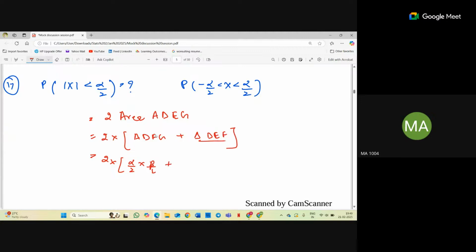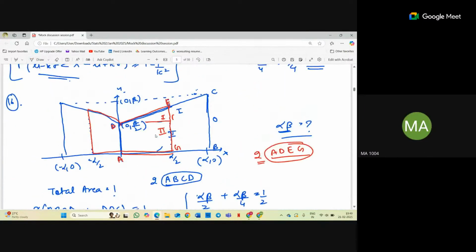Now I have to find out this value, which is half into base, which was alpha by 2. But what is the height? We don't know the height. We have to find out this value. Now, if you see here, this point is 0 comma beta by 2, and this point is 0 comma beta. So can we take the middle value?